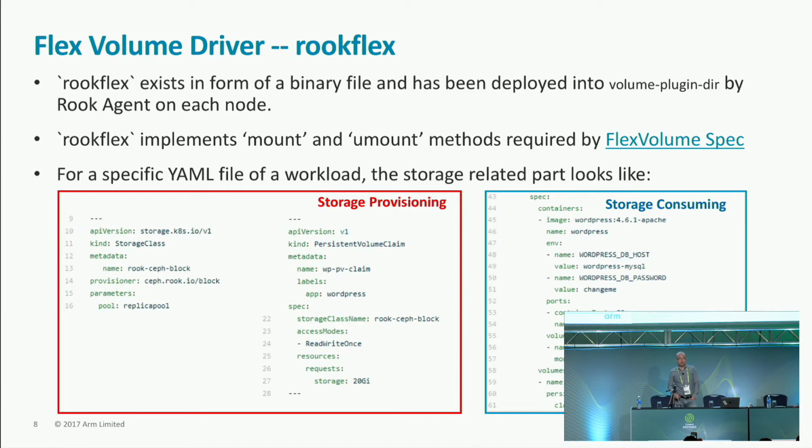It just copies the Rook flex volume driver into the specific directory on the host. The volume plugin directory is specified by the flex volume spec. Rook flex implements the mount and unmount methods requested by the flex volume spec.